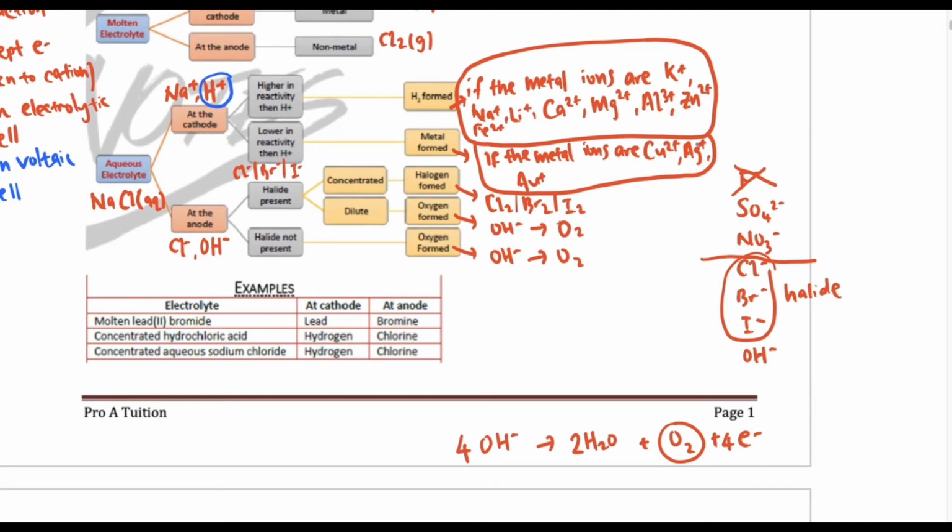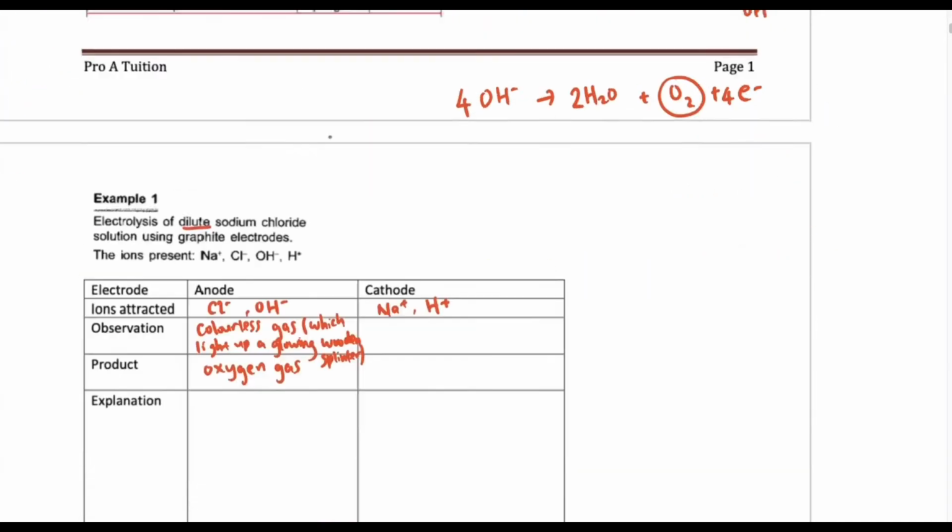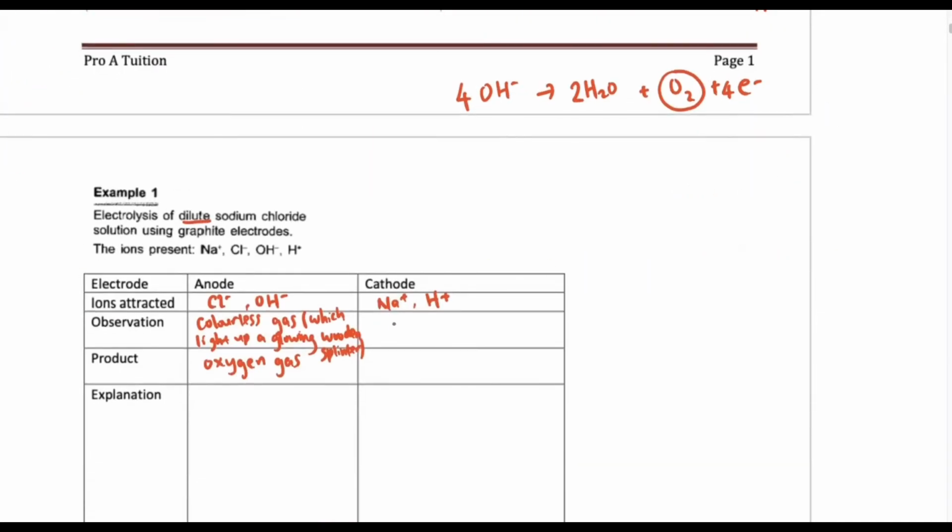So it's gold, silver, and copper. If it's not those three, then H2 is formed. We can remember it in that way. So you don't take sodium. You take H+ to form the product, hydrogen gas.